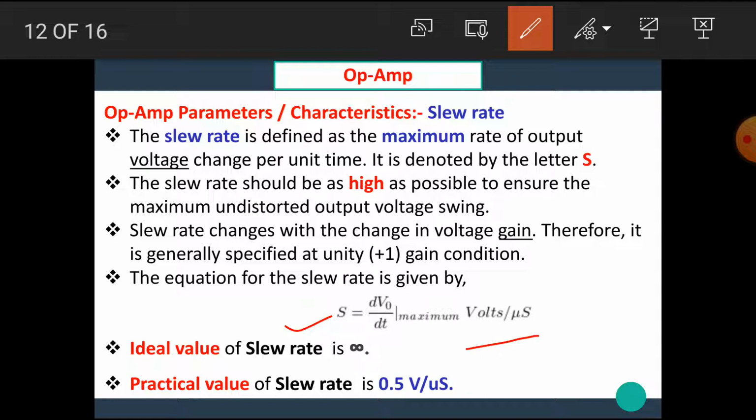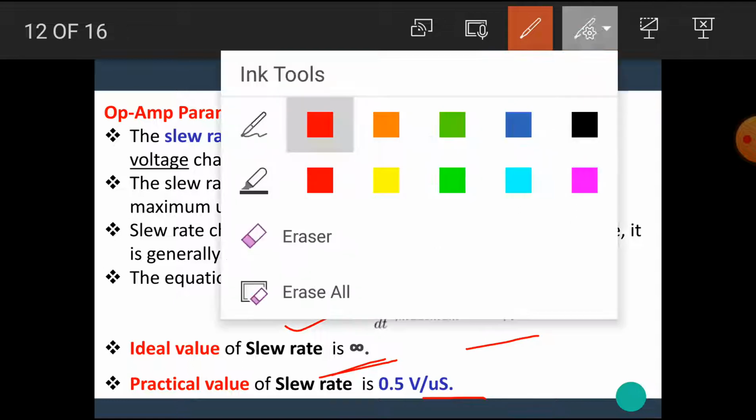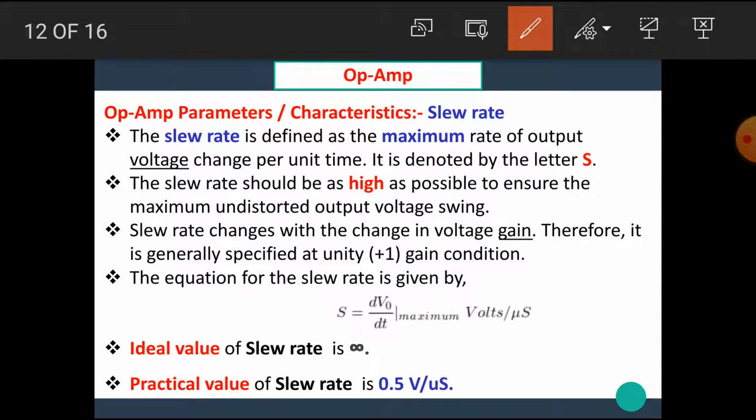The ideal value of slew rate is infinity, but practically the slew rate is 0.5 volt per microsecond. That is, the slew rate is the maximum rate of output voltage change per unit time. That means at a given time, whether the output voltage changes or not is defined by the slew rate.